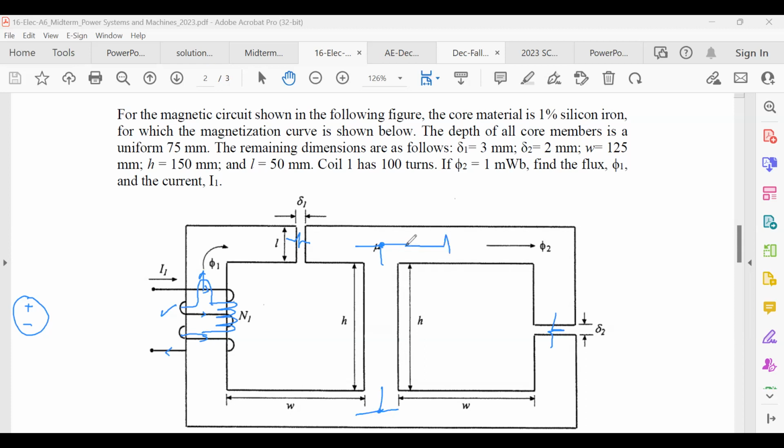I'm going to use one reluctance for the entire iron here, one reluctance for the entire leg here, and another reluctance for the entire iron here.